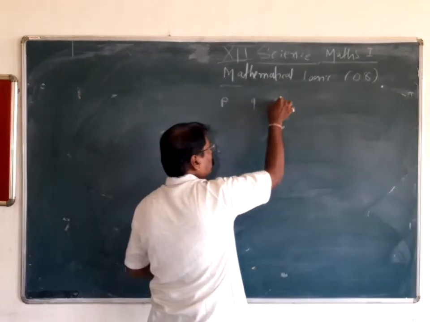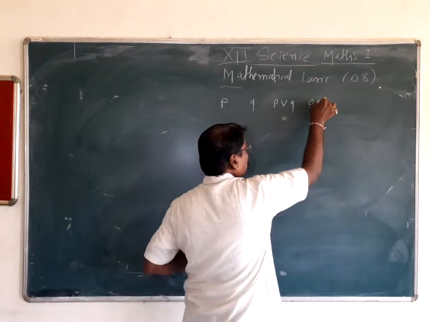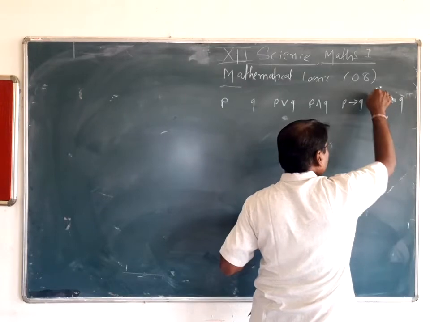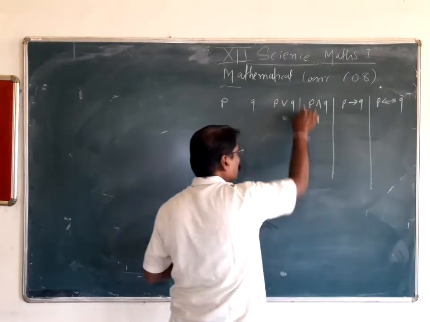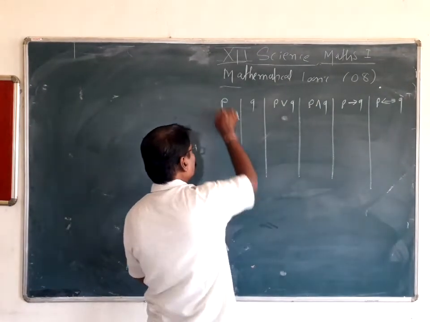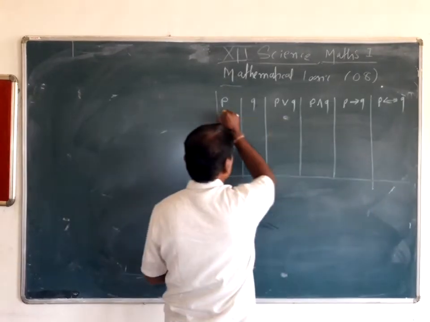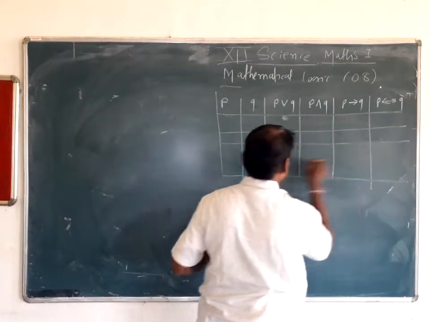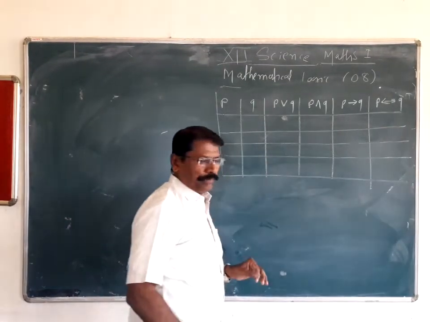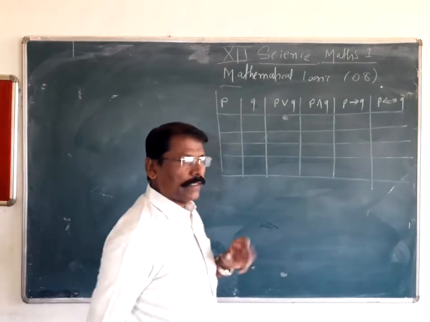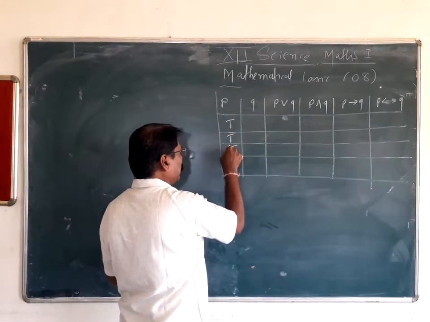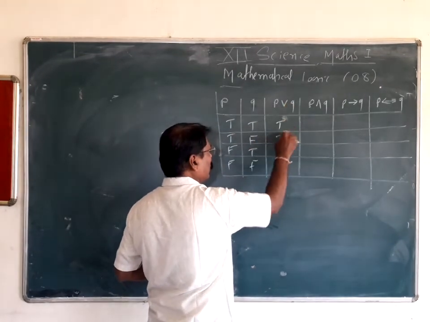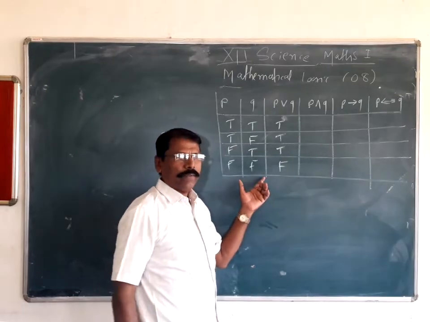P, Q, P or Q, P and Q, P implies Q, P implies and implied by Q. This is a key for solving the examples. It is an OR, so it is true almost all the times, false when both are false.